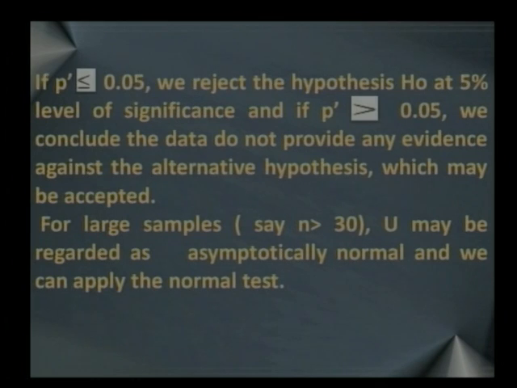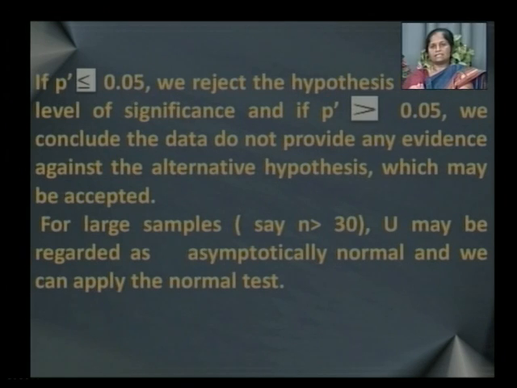Now if the value of P dash is less than or equal to 0.05, where 0.05 is the level of significance, which is 5%, we reject the hypothesis.